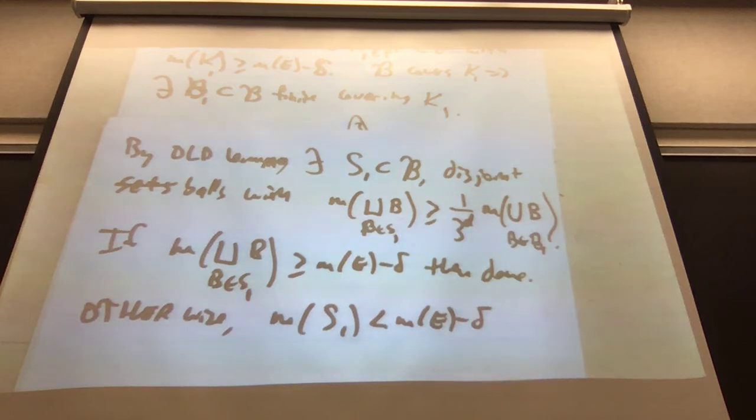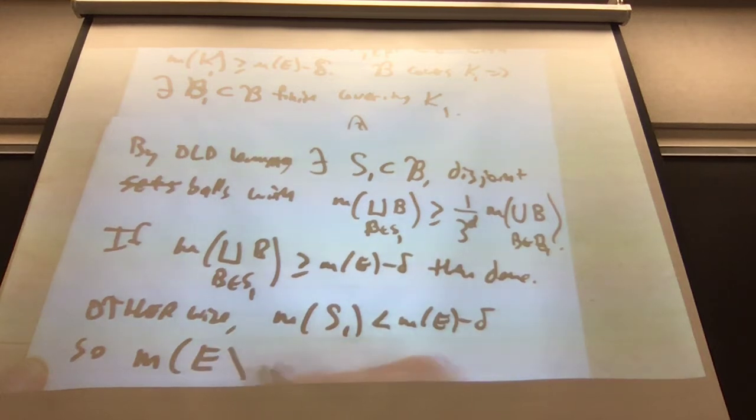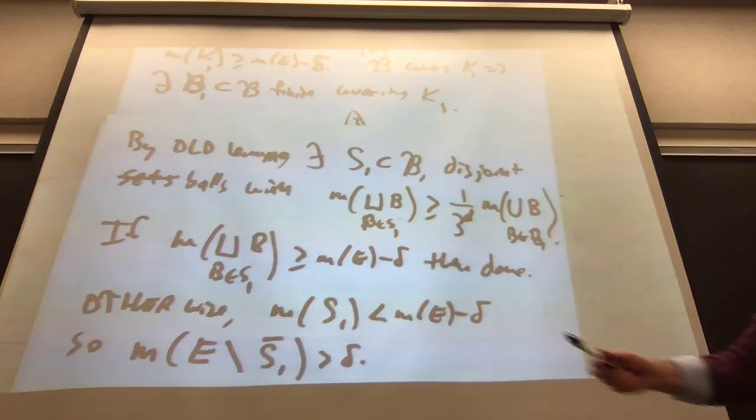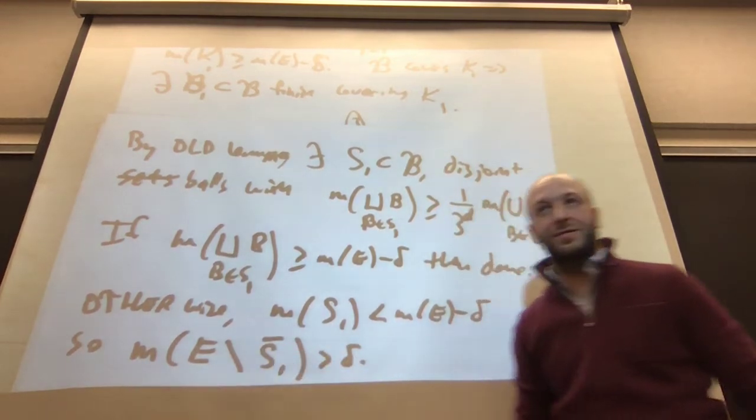And so the measure of E take away S1, in fact the closure of S1, since I want to include the boundaries of the balls, is at least delta. We couldn't have covered more than delta of this difference.